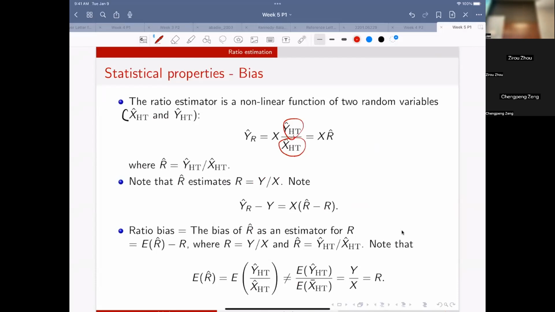Notice that R hat is estimating the ratio at the population level, the ratio of two totals in the population. And then you can write it as X times the ratio.